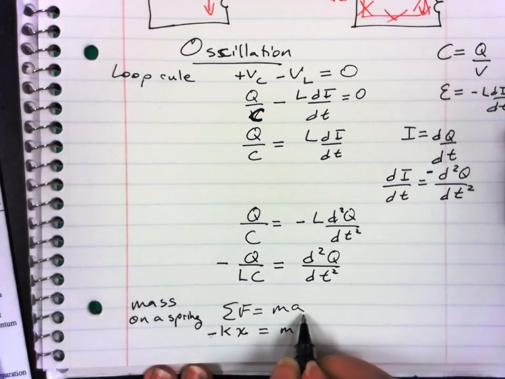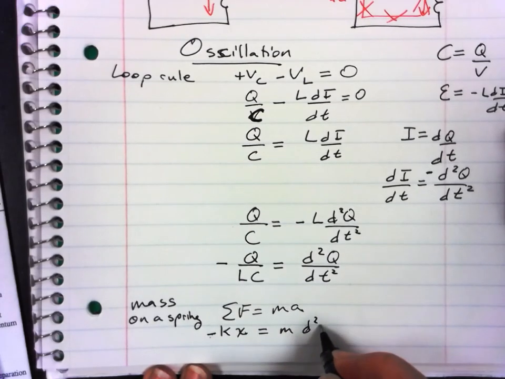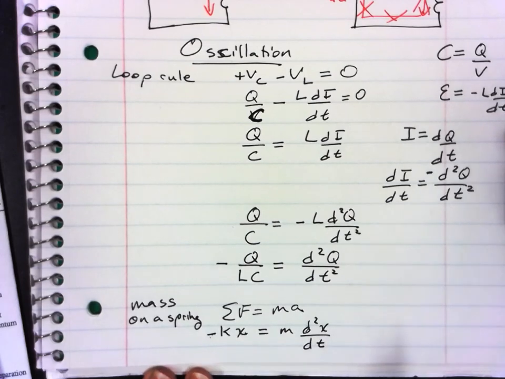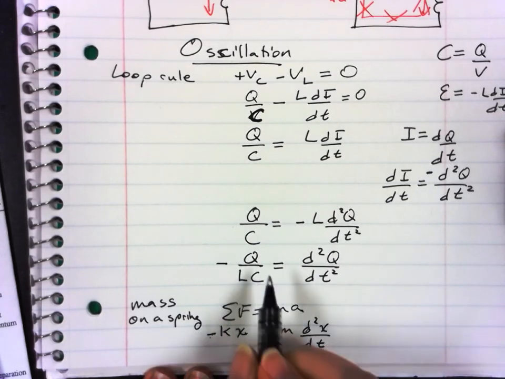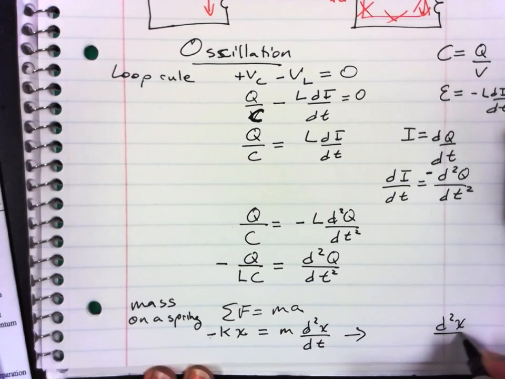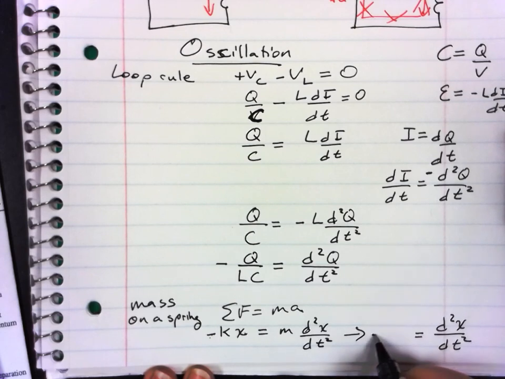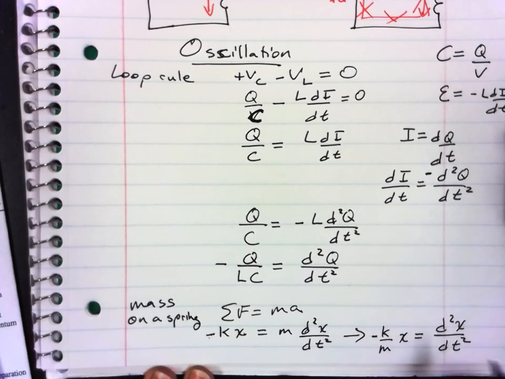Acceleration is the rate of change of velocity, and velocity is the rate of change of position, so acceleration is the second derivative of the position. Notice it's almost this equation. If I finish rearranging it, solving for the second derivative term, I forgot my squared, we have negative k over m times x.